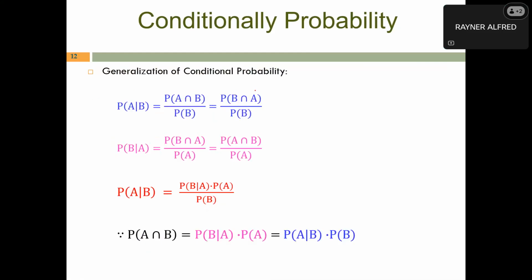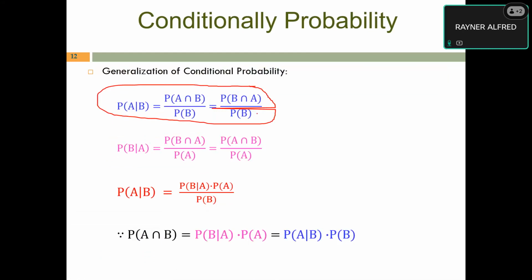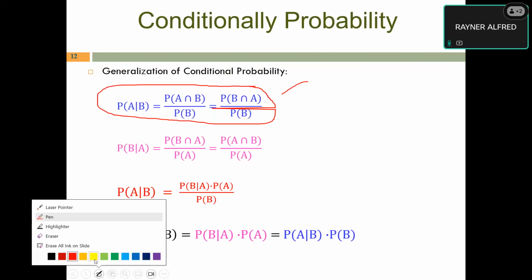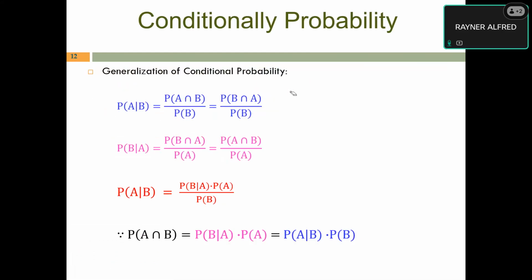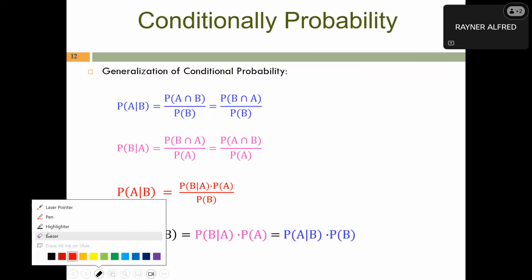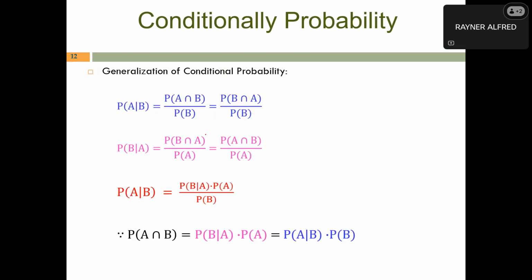Okay. So since we are saying this one together, they are the same. So we are saying that, okay, to replace this one, because we are saying that, okay, this is like this.